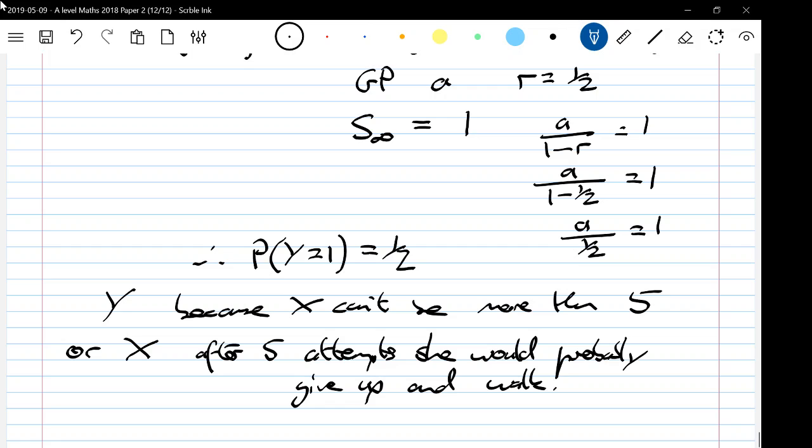You could choose, so you can see you could argue for either of those as long as you gave a reason. It did say give a reason why one of the variables might be more appropriate. So as long as you backed it up with some kind of reason, then you would get the 1 mark that was available there. And that's maths.